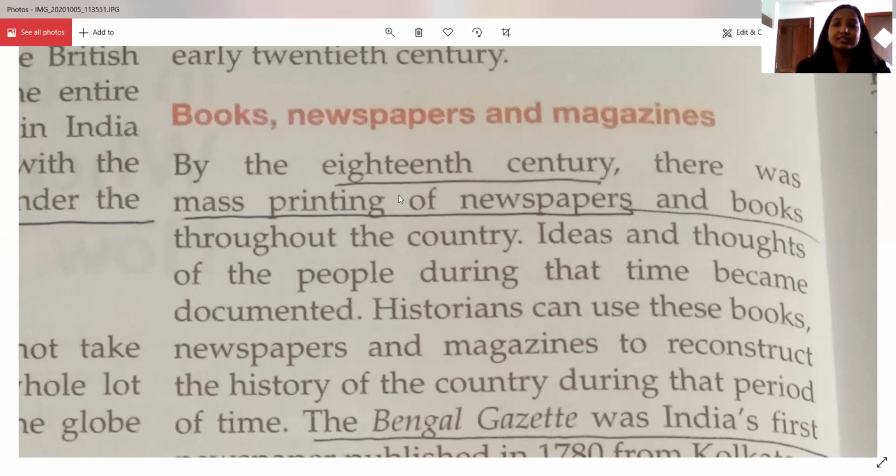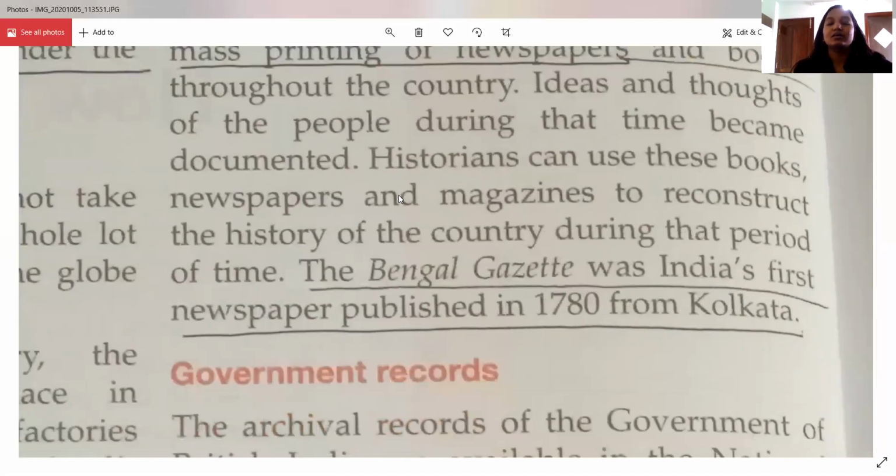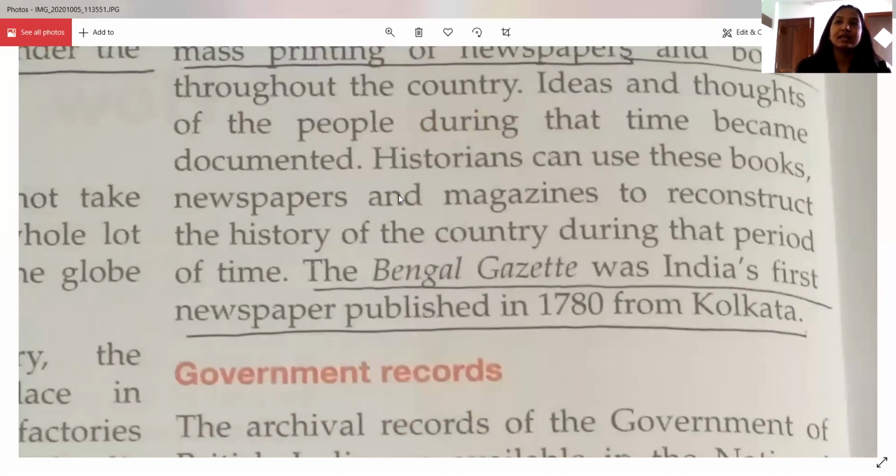So during the 18th century, we had mass production of books and newspapers. When a newspaper or a book is produced, one copy is always preserved in the library. Hence, we have a lot of information from these books, newspapers and magazines.